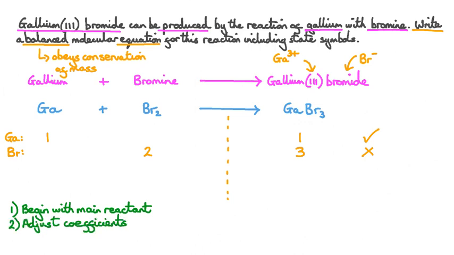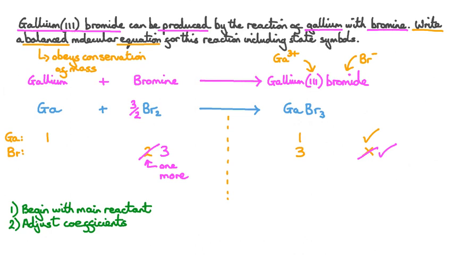We need to alter our coefficients to balance our bromines. Ideally, what we want is 1 more bromine atom on our reactant side. So we could place a coefficient of 3/2 in front of our Br2. This would give us 3 bromine atoms on both sides of our reaction, making it balanced.